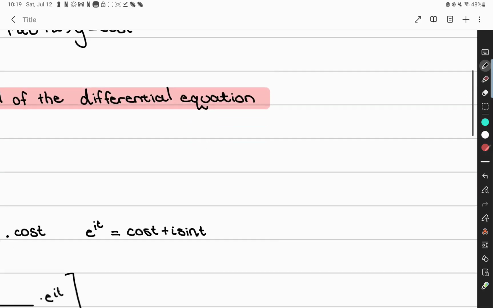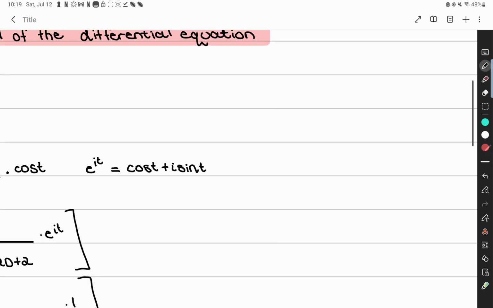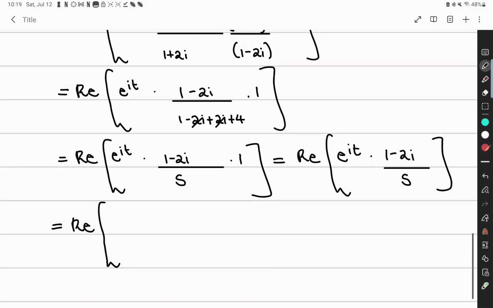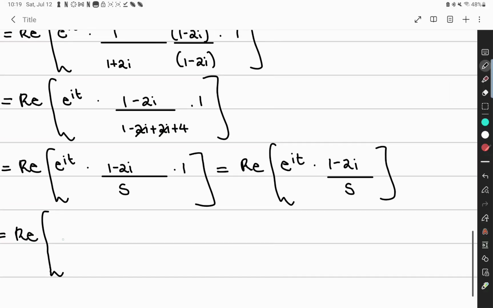Remember how we said e^(it) is equal to cos t plus i sin t? We're going to do it here again. So we have cos t plus i sin t multiplied by 1 minus 2i over 5.